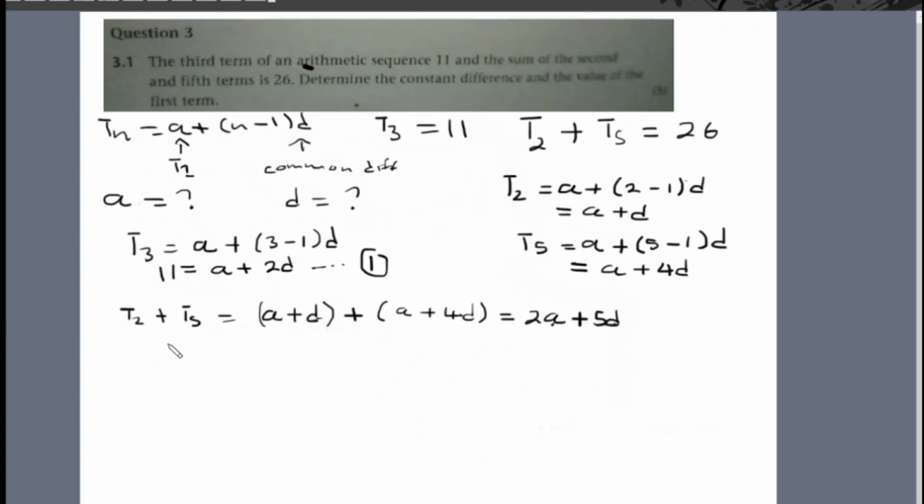So lokho kusitshela ukuthi 26 is equals to 2a plus 5d. So we'll call this our equation 2, right? So ukhumbule ukuthi sifuna ukusolve for a and sifuna ukusolve for d. Now we have two equations.